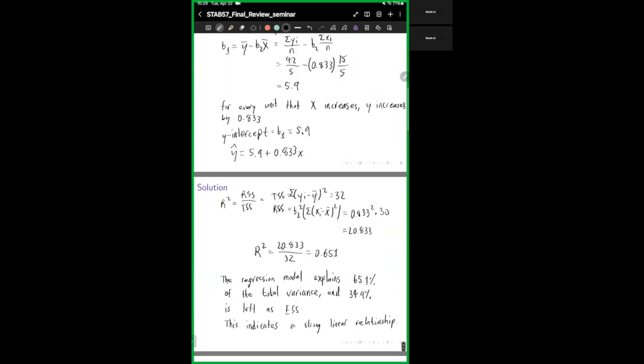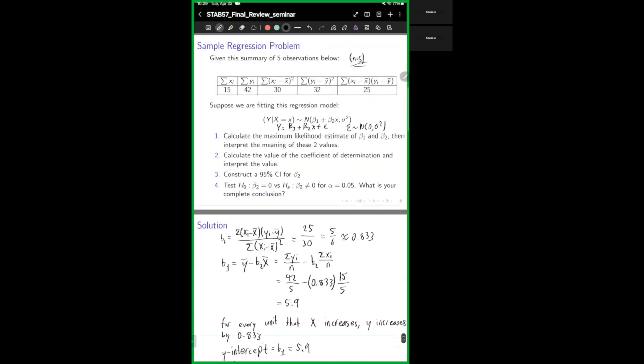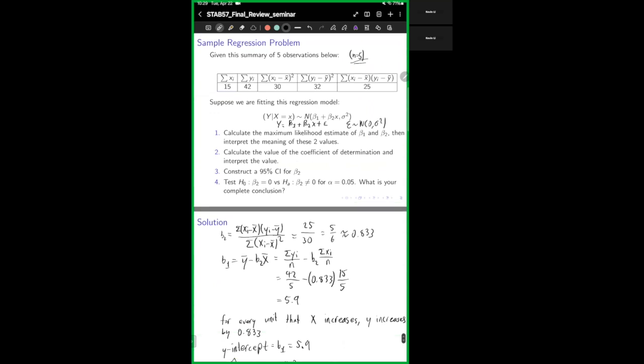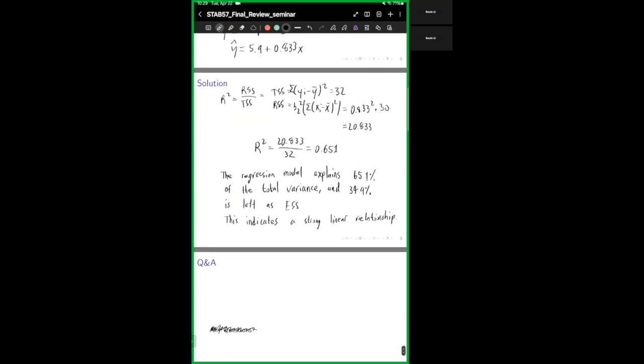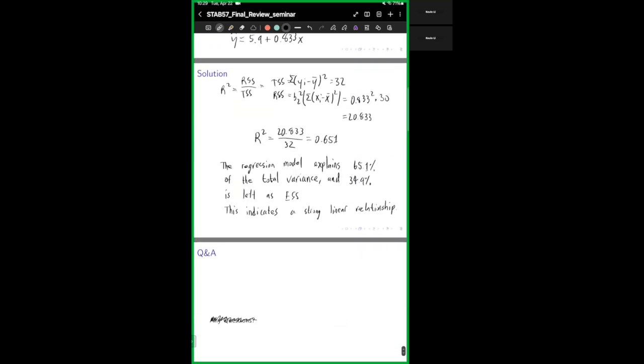Okay, so next question is construct a 95% confidence interval for beta 2. You have to remember that the expected value of B2 is beta 2.